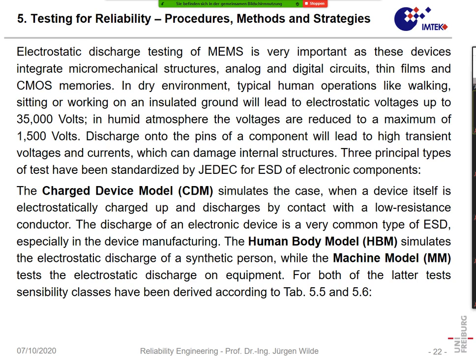So a human person, an operator of a machinery, is charged up, for instance, because his butt is rubbing against a plastic seat, so high voltage is generated. On the other hand, in machinery, we often have some potential difference, and that can also lead to ESD at a lower voltage level than human body model, but possibly a higher energy.